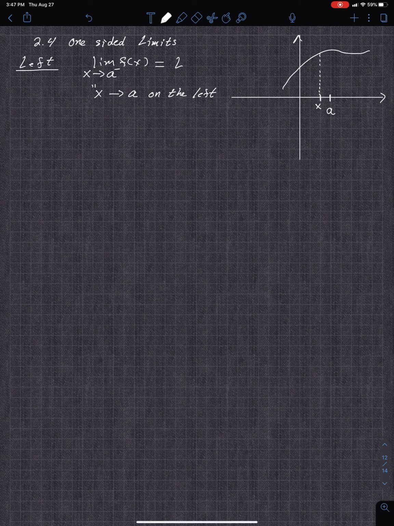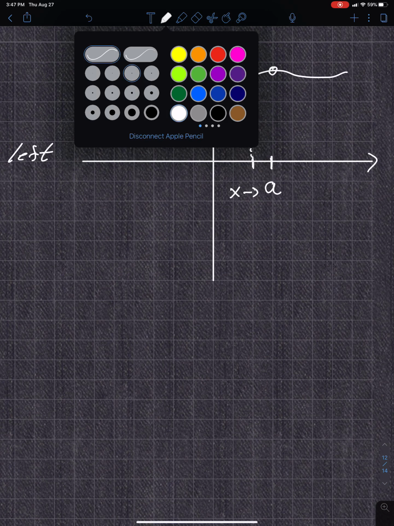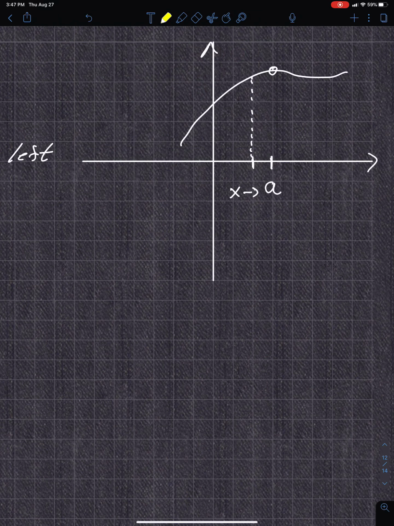I have x approaching a on the left, looks like that. So my a value is up here somewhere, and I'm coming in on this side, like this. So that's what we mean by on the left. It's basically just one side.